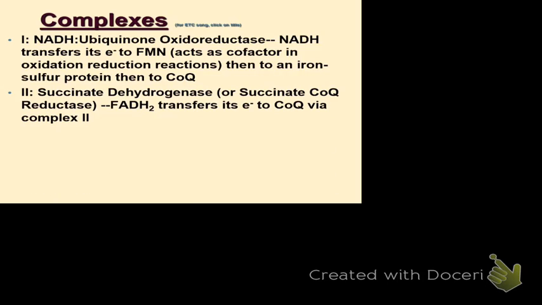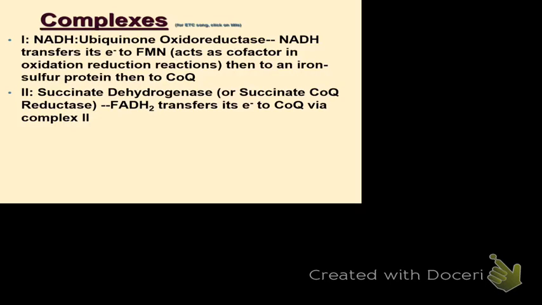Then we have complex 2, which is succinate dehydrogenase. It's also called succinate coenzyme Q reductase. Where have we seen this one before? This is the citric acid cycle. Remember, all of the citric acid cycle is in the mitochondrial matrix except for one enzyme, which is attached to the inner membrane of the mitochondria.